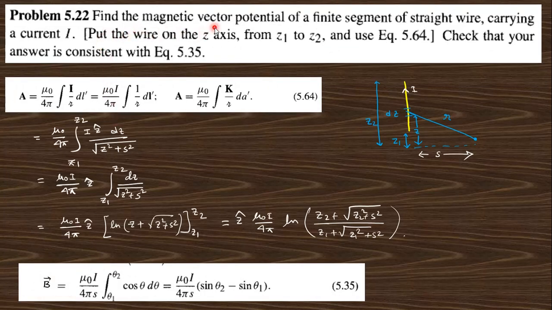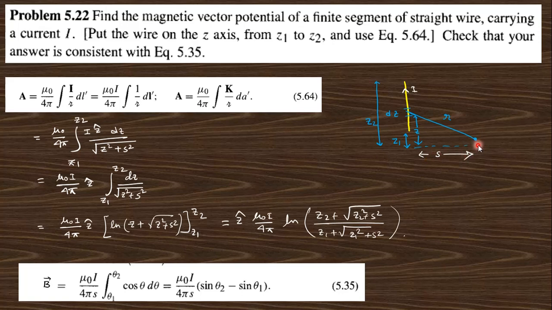Find the magnetic vector potential of a finite segment of straight wire carrying current I. So this is a finite section carrying current I. For that we need to find the magnetic vector potential at a certain distance s.